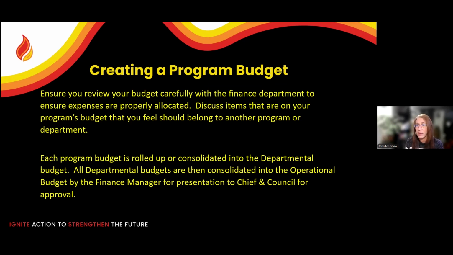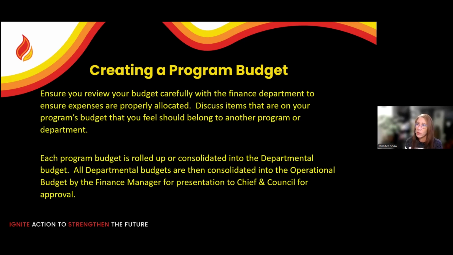There may be a reason why it is being allocated to your department and not to another. We always have to keep in mind there's eligible expenditures within certain types of programming. So that could be a reason why, but anything that you may feel does not belong on your budget, you really should discuss that with your finance department.